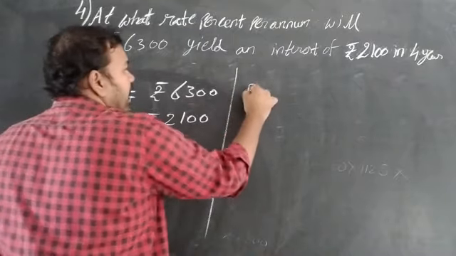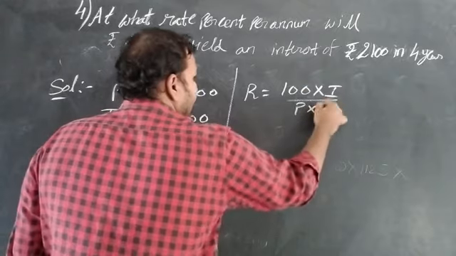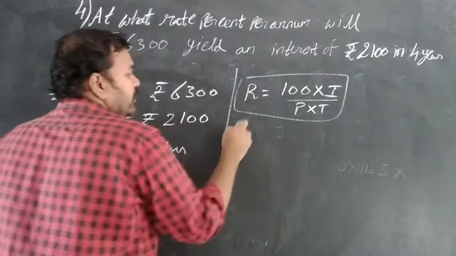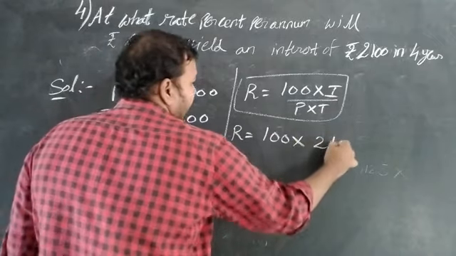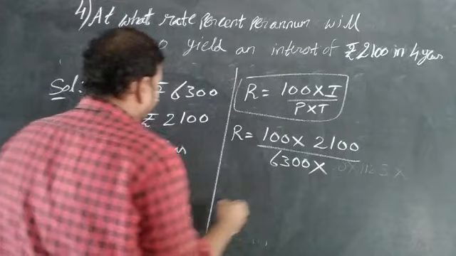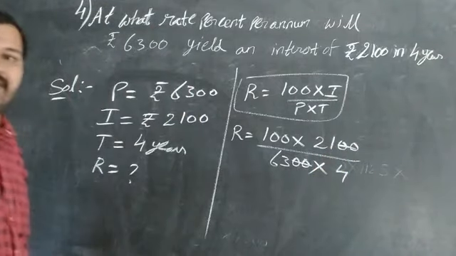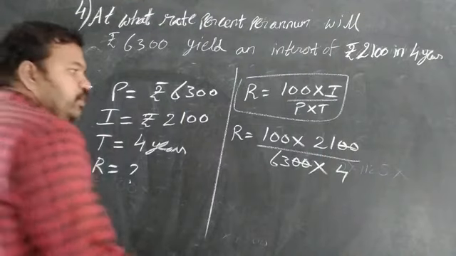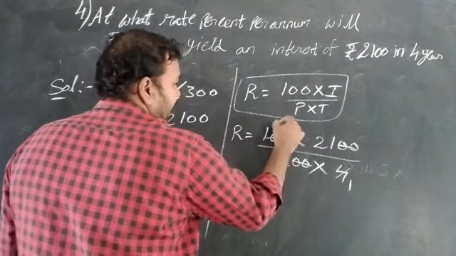Substituting in the formula, R is equal to 100 into I by P into T. Rate of interest is equal to 100 into 2100 by 6300 into 4. Two zeros cancel. Next, 4 table 1 time, 25 times.